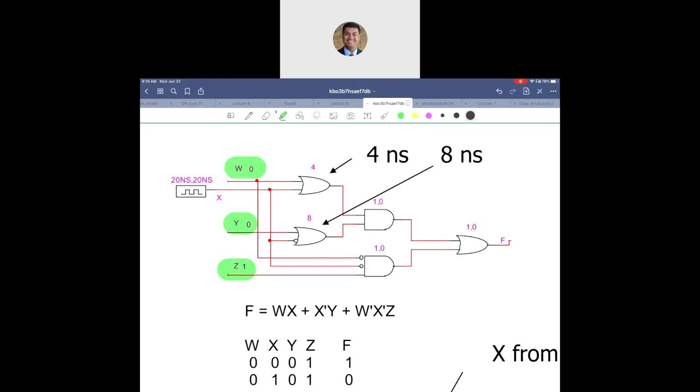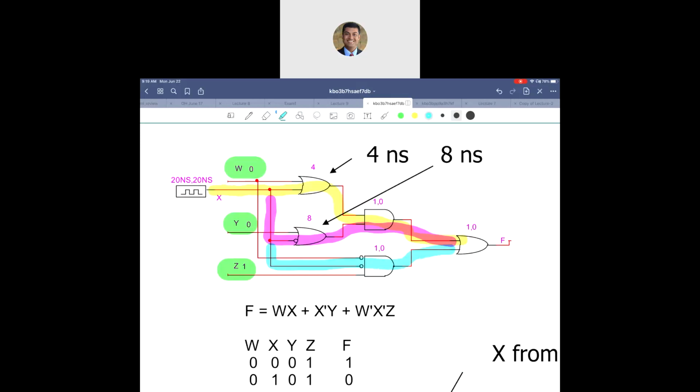However, there are multiple paths to the output. So you see x, changes in x could reflect to the output this way, or let me use pink here, this way, or this way.